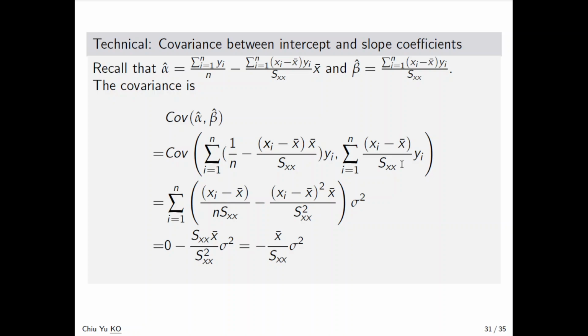Because yi and yj are uncorrelated, since epsilon i and epsilon j are uncorrelated, you can just multiply each term: this multiplies this, and that multiplies that. The covariance of yi is sigma square, because the only random term is epsilon. So we have the square and x bar.